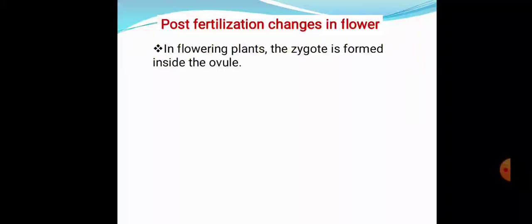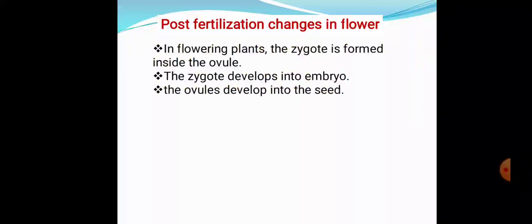Let us see post-fertilization changes in the flower. In flowering plants, the zygote is formed inside the ovule after fertilization. The zygote now develops into the embryo. The ovule develops into the seed.